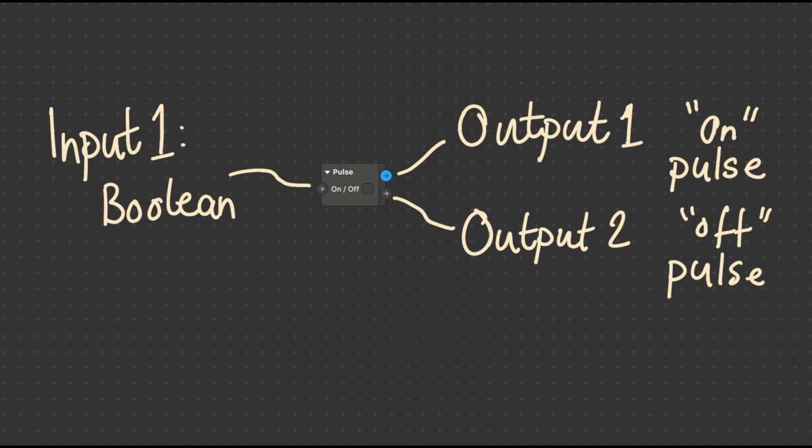As for outputs, the top output there is a pulse output and the bottom output is also a pulse output. So when our Boolean signal is on, the top pulse fires because that's the on pulse, and when our Boolean signal is switched off, our bottom output fires, which is our off pulse. So super simple. We can use this in loads of different ways, and we'll get into that in our example project, which is coming up now.